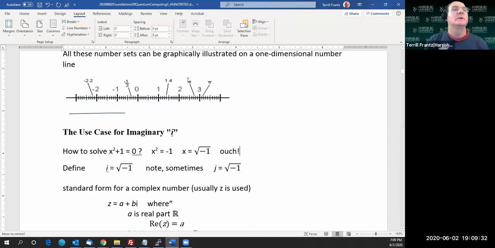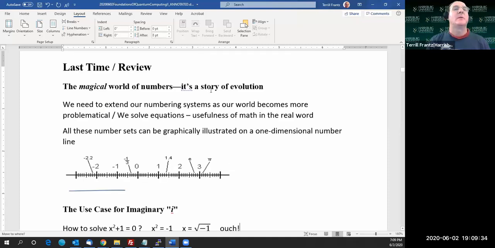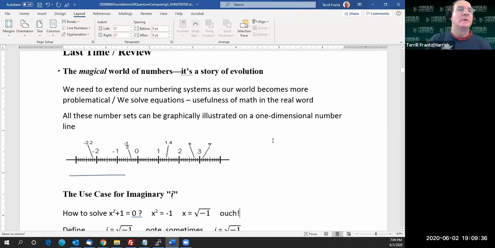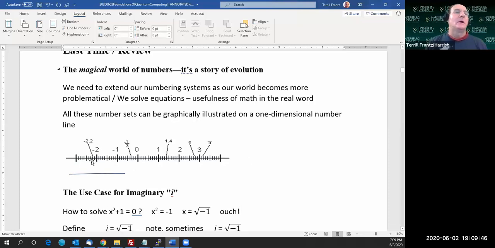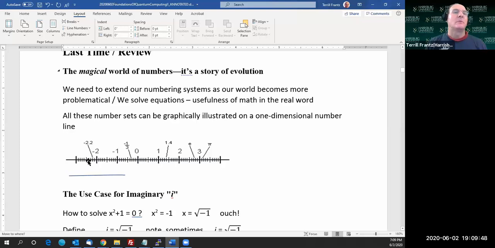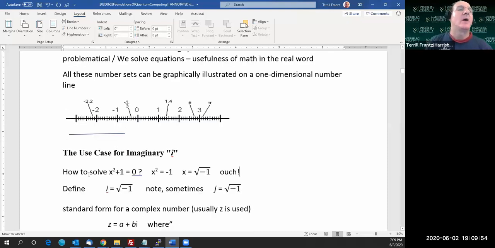The story first, talking about complex numbers. Complex numbers are essentially an extension to the numbering system that we're accustomed to. It all starts when we're in grade school. We learn about this number line. Well, we ran into some problems in solving some equations, such as x squared plus 1 equals 0.